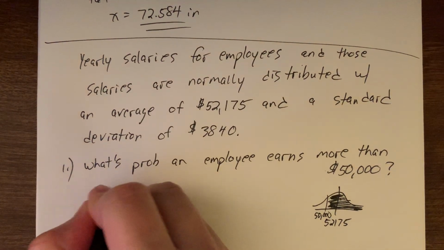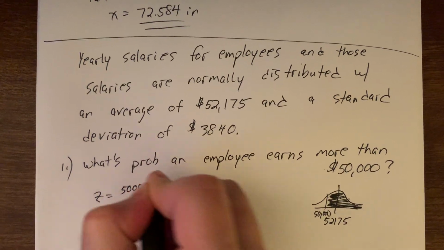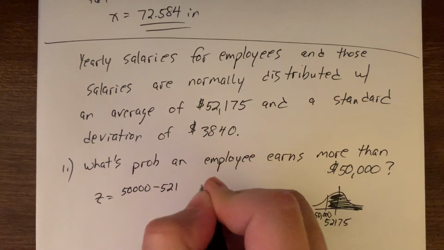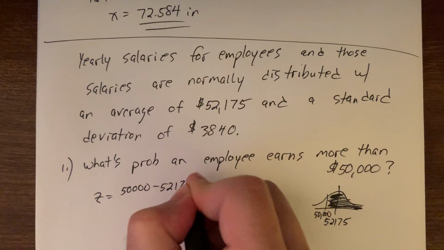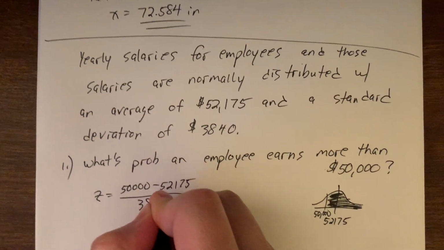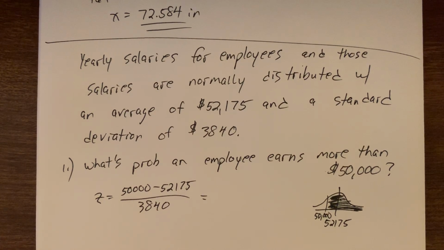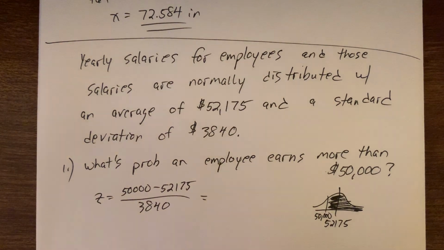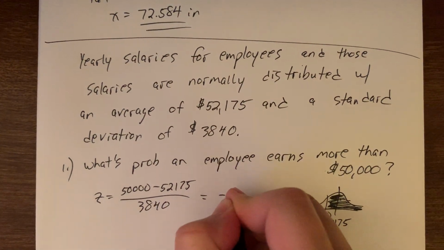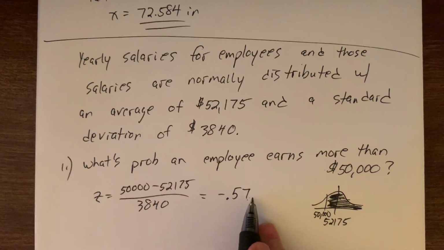I'd find the z-score, 50,000 minus the 52,175 divided by the 3,840. I get negative 0.57.